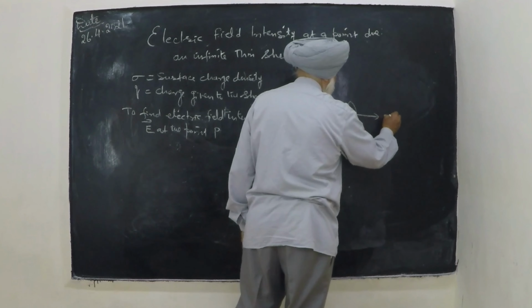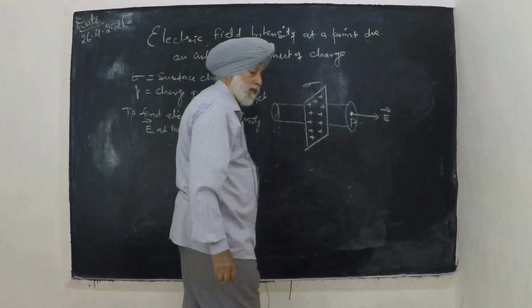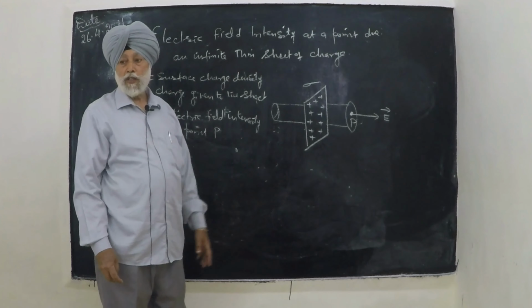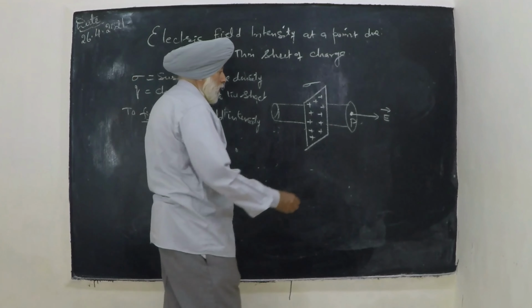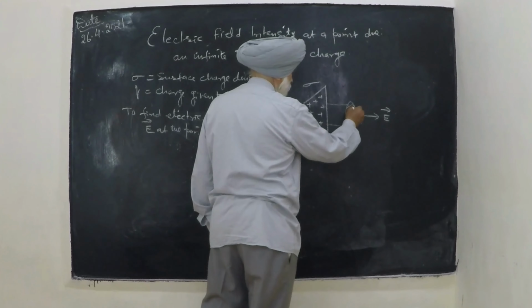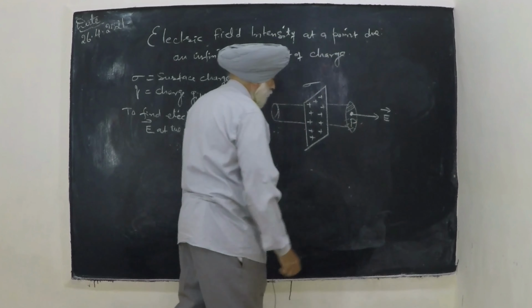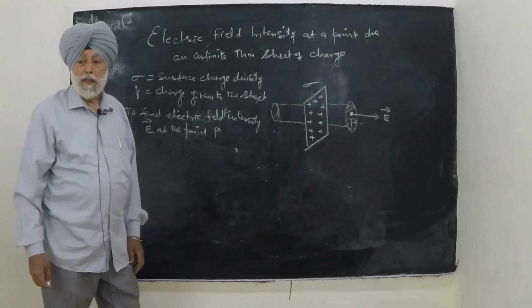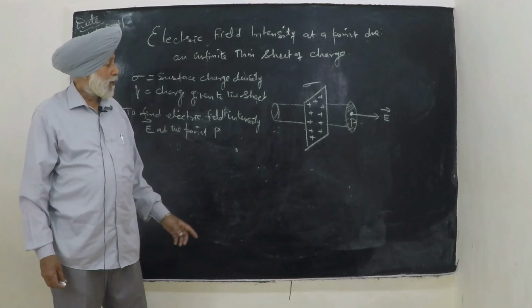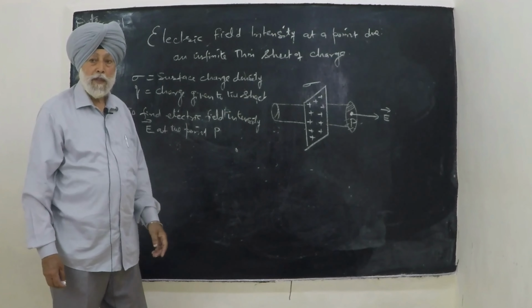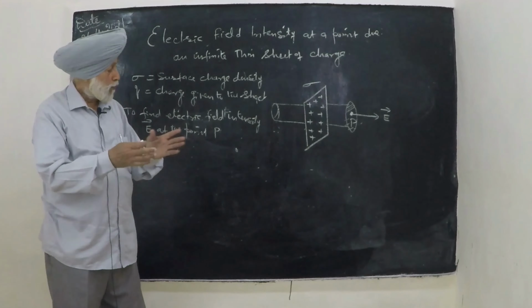Here the electric field intensity you want to find. Due to this charge, electric field intensity is E. Now these are the circular caps. By symmetry it is clear that the electric field intensity is perpendicular to the length of the sheet on both sides.